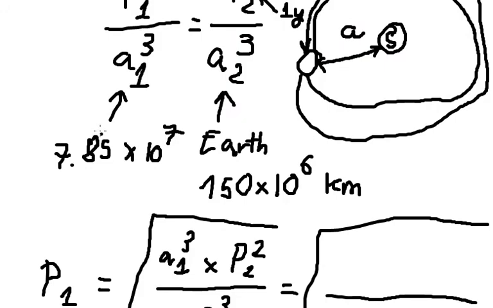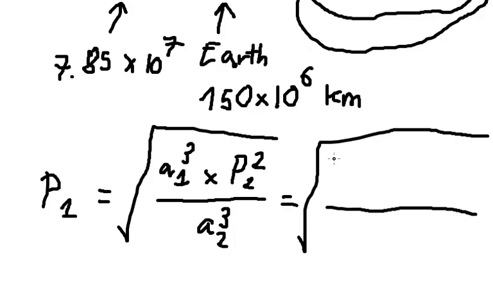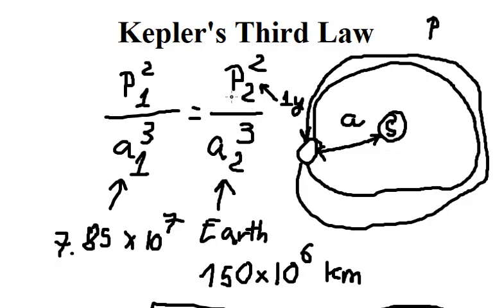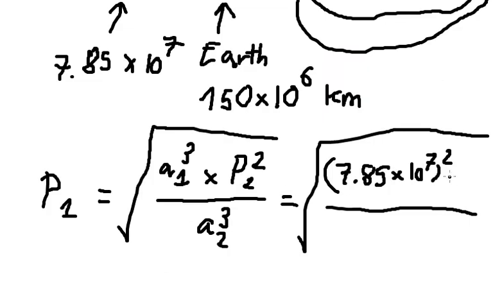A1 is this one. So B2, we have 1. This is number 3, sorry. 1 squared here.